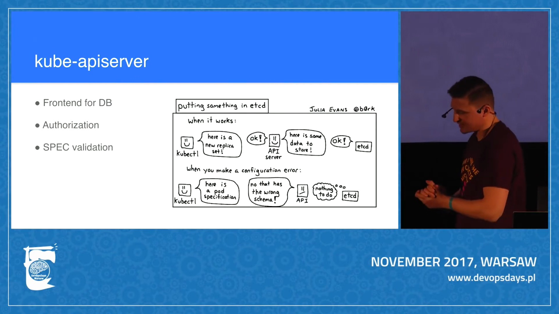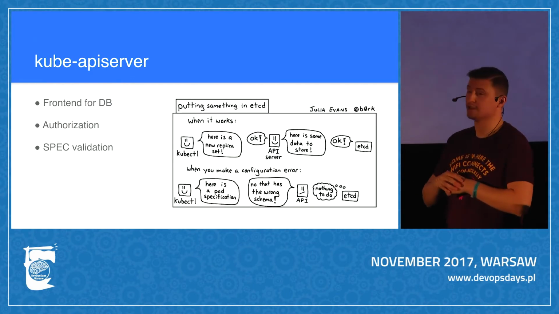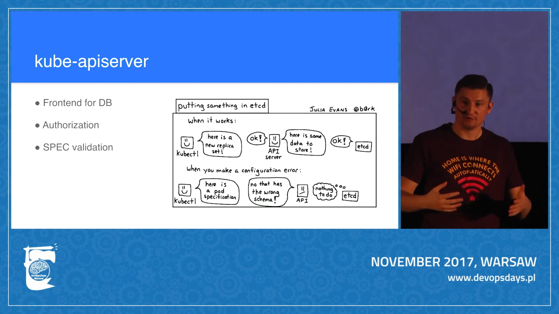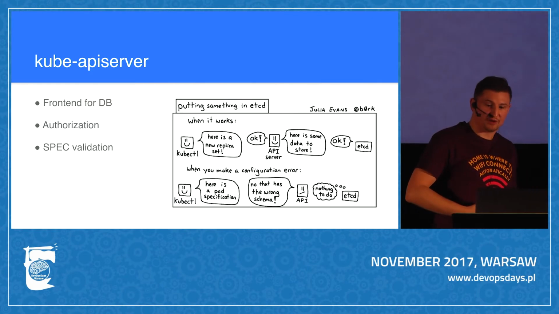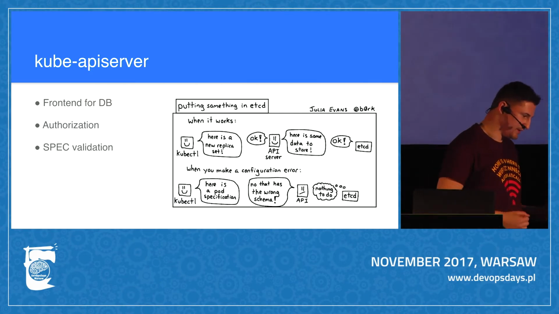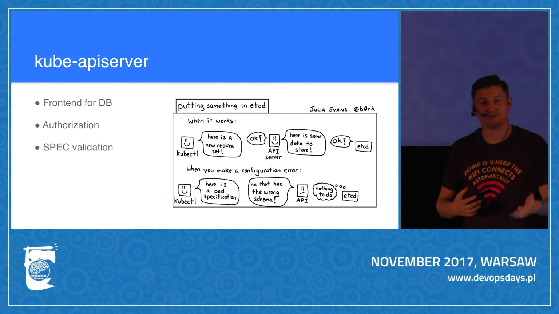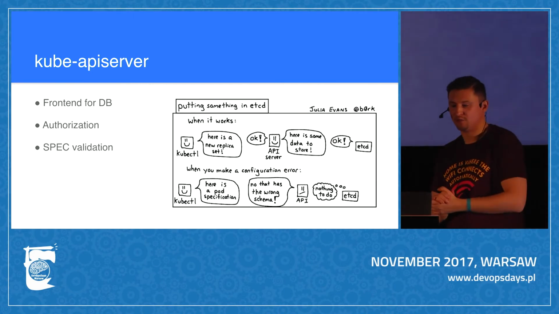Okay, a few more sentences about these internal services. API, like being mentioned, is a front end for accessing this distributed database. So we are not writing anything by our own hand directly to the database. There is also a feature for the authentication. There are plenty of plugins being implemented.